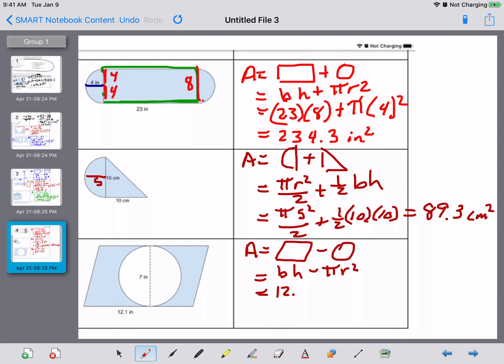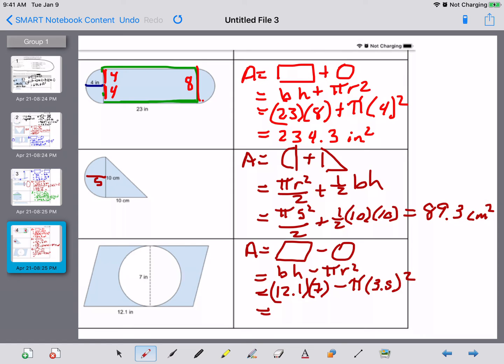My base is 12.1. My height is 7. I'm going to take away my radius, circle of 3.5, because that's half of 7.